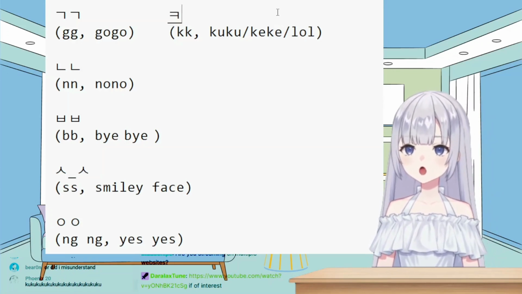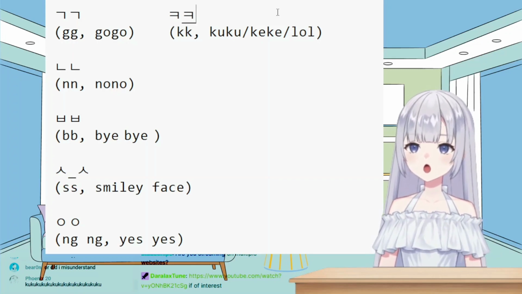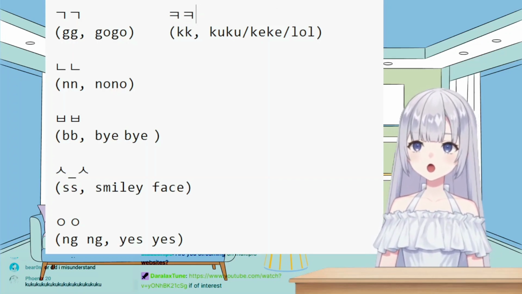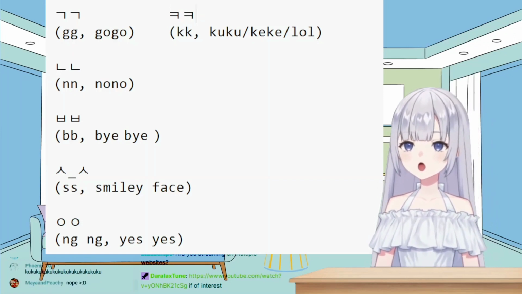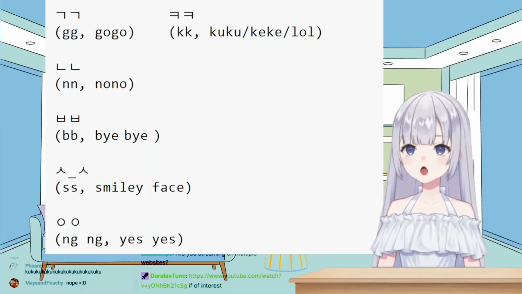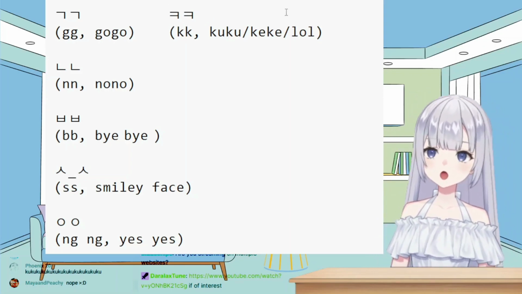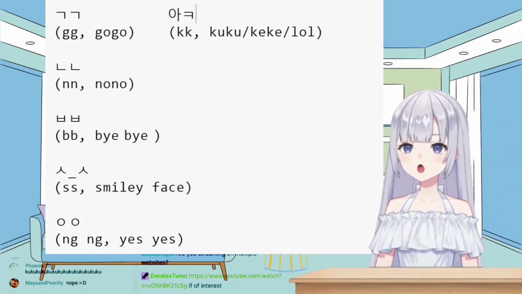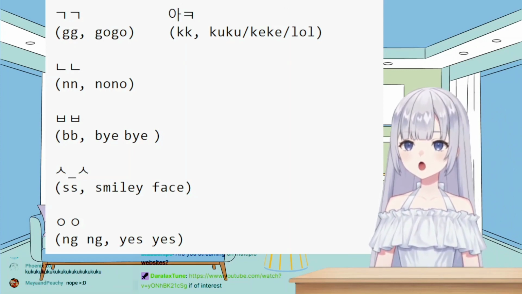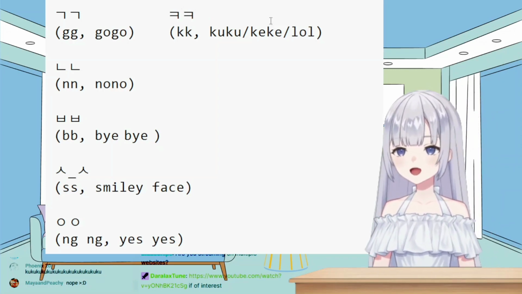So don't use just one, unless that's what you want. In general, if it's the only thing you use, use two or more. If it's at the end of a sentence, you can use it like this or like this, and that's not as offensive, I guess.